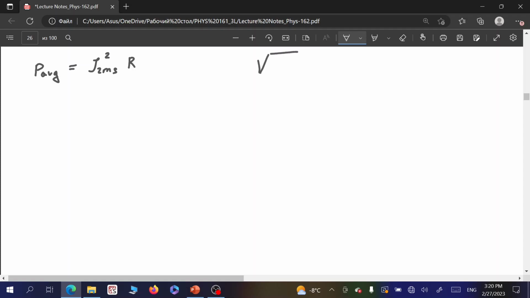It is the square root of some I average in second power. So that is the general approach.